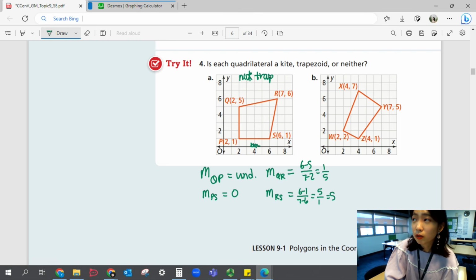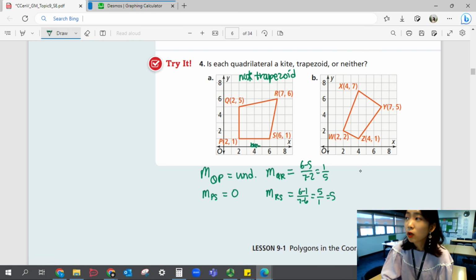Not a trapezoid. Okay? And then while we're doing slopes, let's check the slopes for part B. Okay? So let's figure out the slopes of WX, XY, YZ, and ZW.